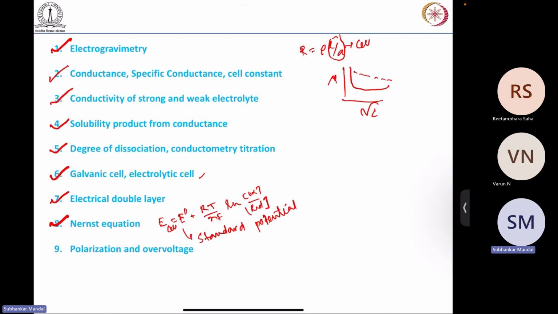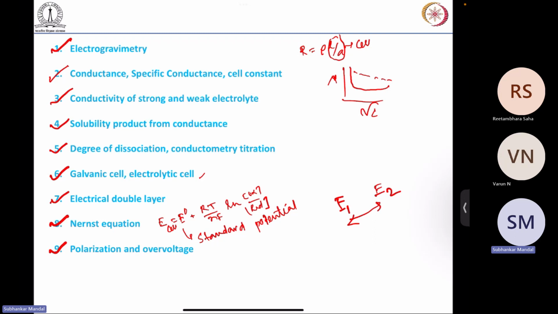Then polarization and overvoltage: suppose some thermodynamic process happens at some potential E1, but when you do the experiment it happens at E2. The difference between E1 and E2 is called the overvoltage. These things we have discussed.